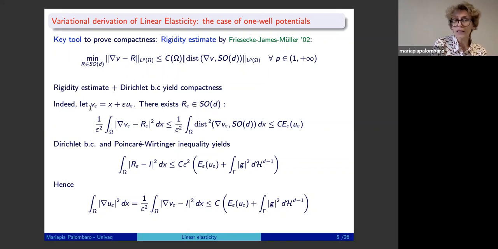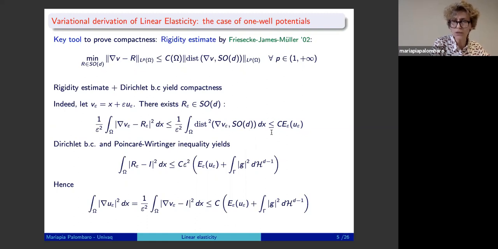So let's write v epsilon, which is the deformation, as the identity deformation plus the displacement. We want to prove the compactness of u epsilon. By assumption, the energy E epsilon is bounded from below by the square distance from the set of rotations.